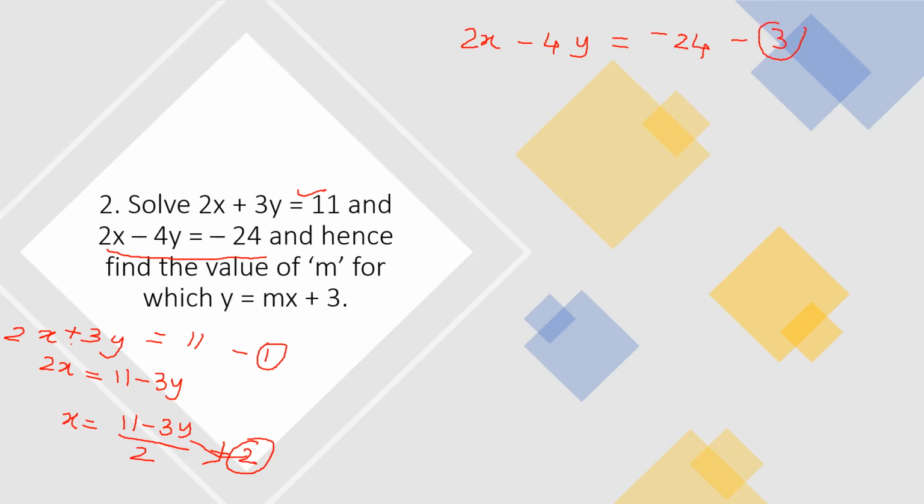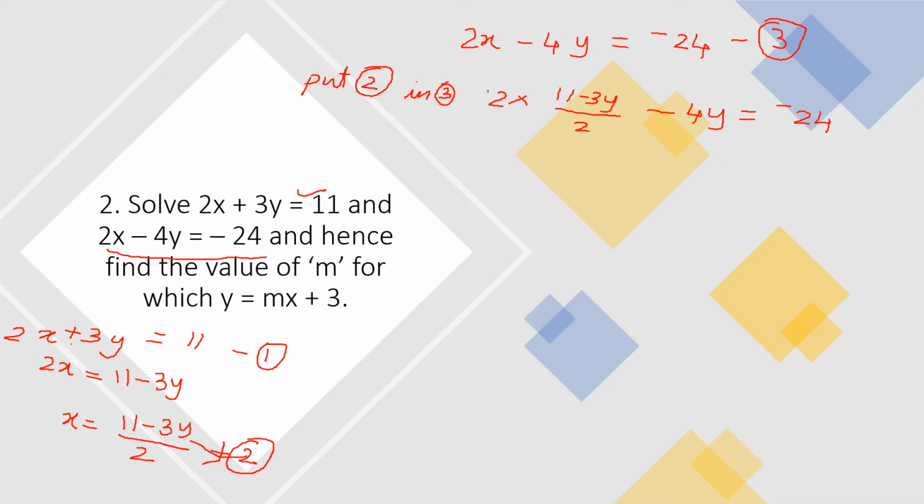Now what will I do? I'll put 2 in 3. When I put 2 in 3, I'll get 2 into 11 minus 3y by 2, because x value is 11 minus 3y by 2, minus 4y is equal to minus 24.